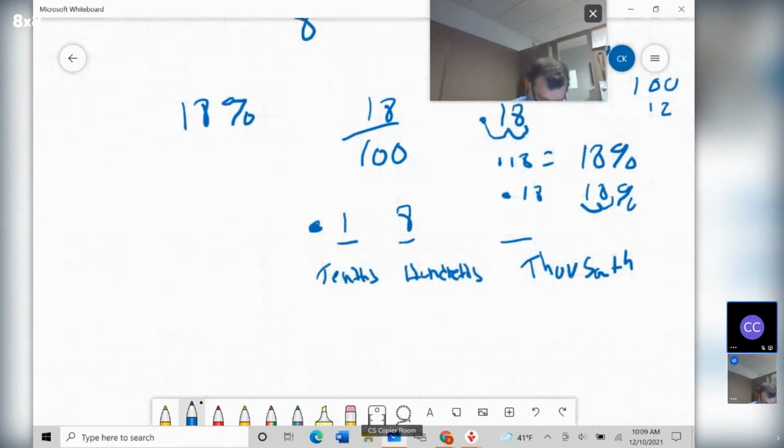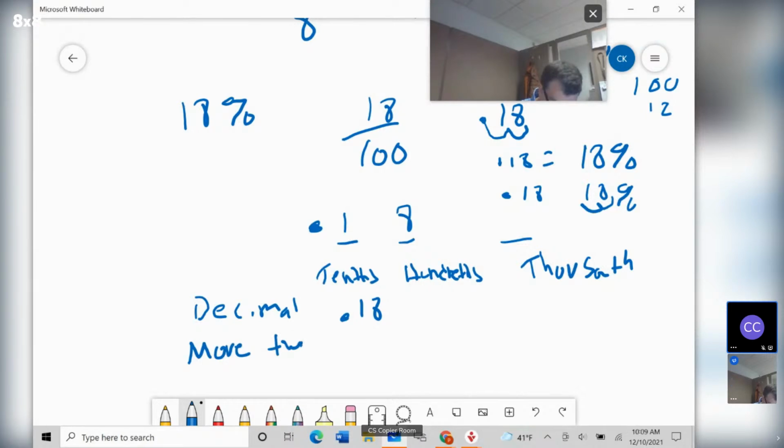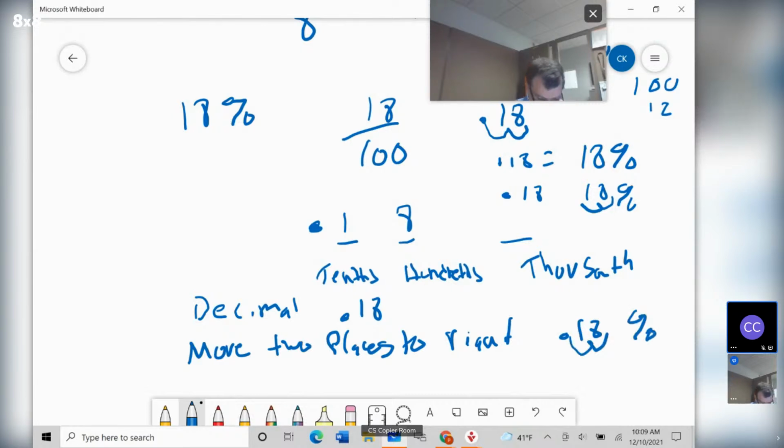Okay, so for the decimal 0.18, move 2 places to the right. In this case, that 0.18 becomes 18%.